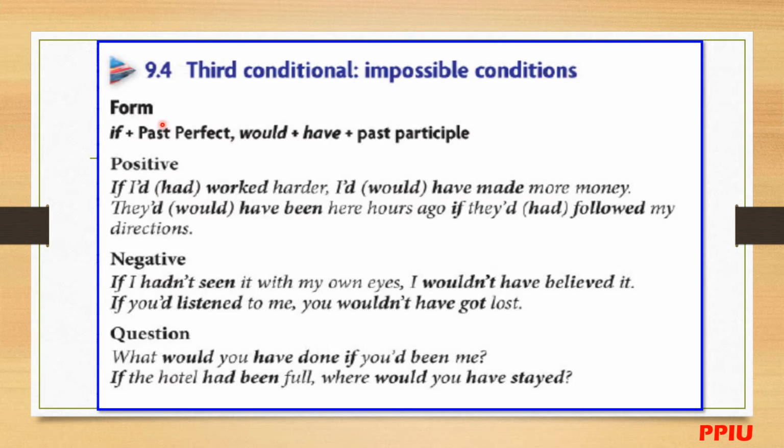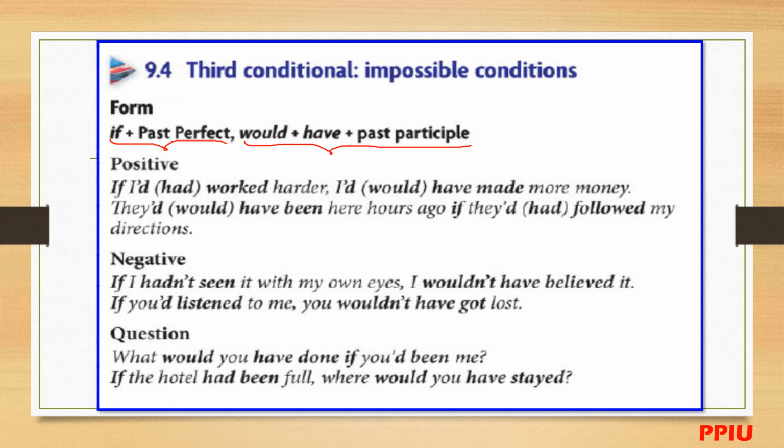Impossible condition. And here the form, you see: if plus past perfect plus would plus have plus past participle. Sometimes from here to here they call the if clause. This one we call the result part of this part, right?